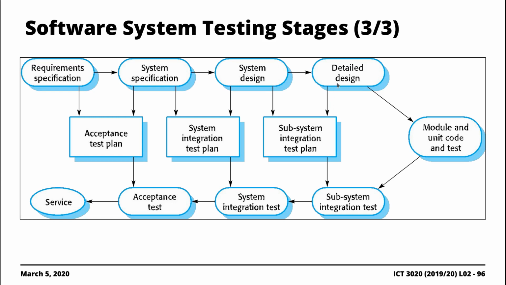So input comes in from the detailed software design and the system design as well. And finally, you're looking at module testing, or unit testing, right? You're looking at actually testing the actual programs that you're writing, like different modules and classes.